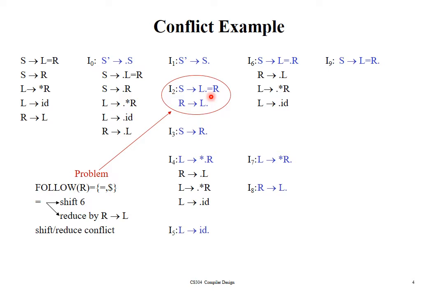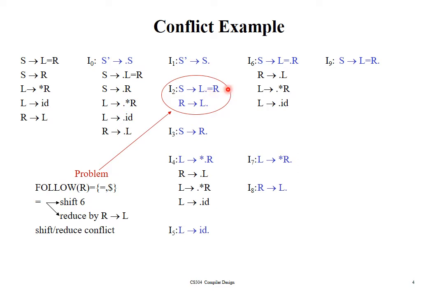we have to write S6, shift 6. But in the case of R gives L dot, that is an item which is getting completed, which is actually a production. That production is the 5th production. So we have to consider that R5 is getting completed here, R gives L dot.